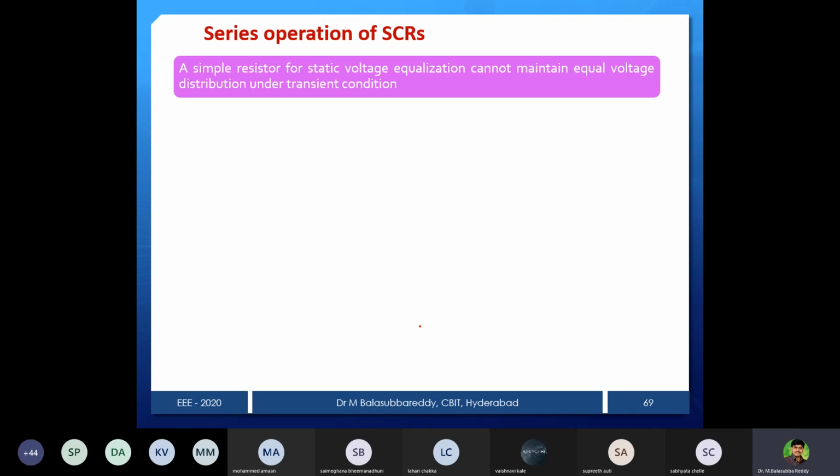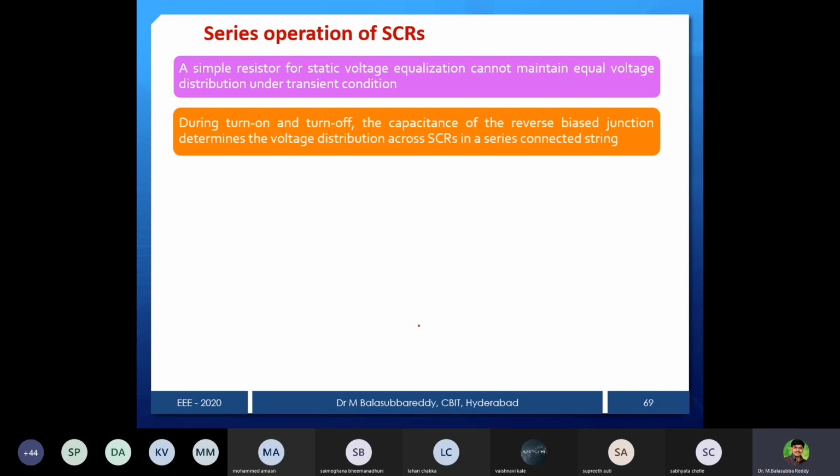What is the meaning of transient condition here? The resistor you connected across the SCR will be fine for the static condition. But during the transient condition, if the time intervals of on and off are not the same, then one resistor itself is not sufficient to maintain equal voltage sharing.